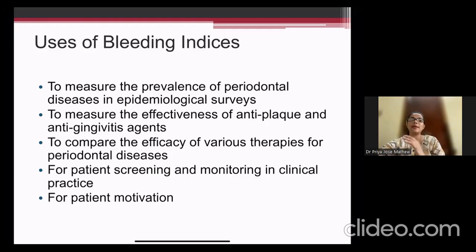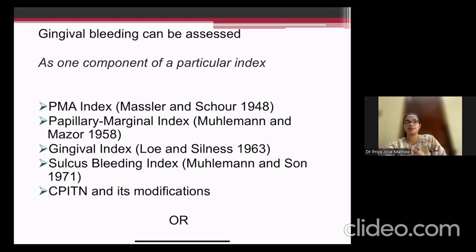The patient may say that he or she is brushing 2 or 3 times, but that doesn't make it effective. So in order to know whether it is an effective type of oral hygiene method the patient is following, we can go for this screening through the gingival indices, bleeding indices, and we can assess whether the patient has to stick on to the routine or whether any changes have to occur. And it also helps for the patient motivation.